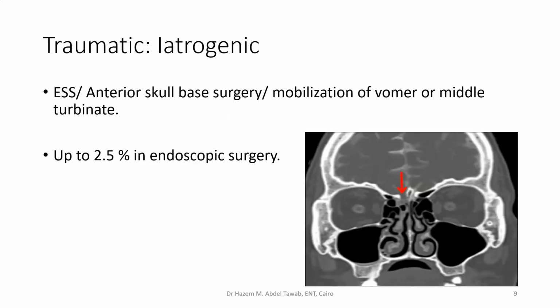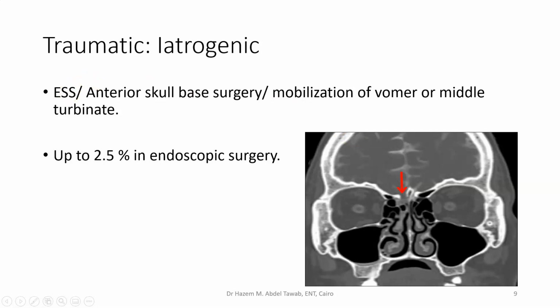The second type of trauma is iatrogenic, which is also considered very important because this is actually the work of doctors. The most common operation where there might be a defect caused by the operating surgeon is endoscopic sinus surgery.